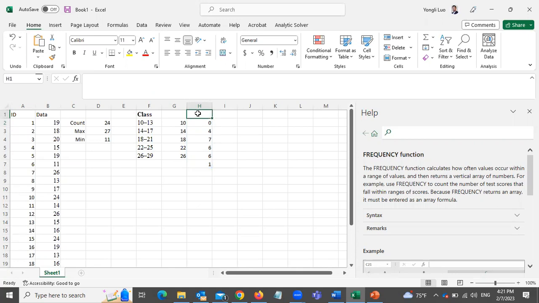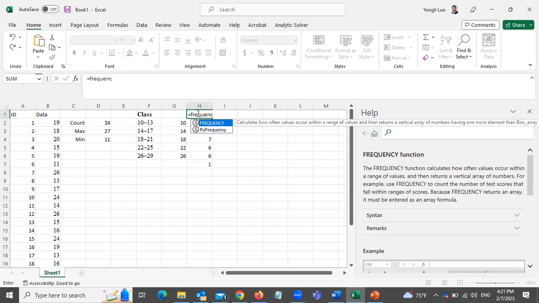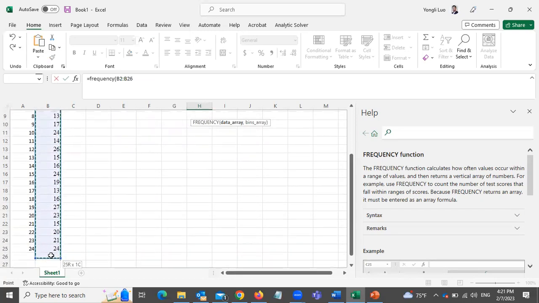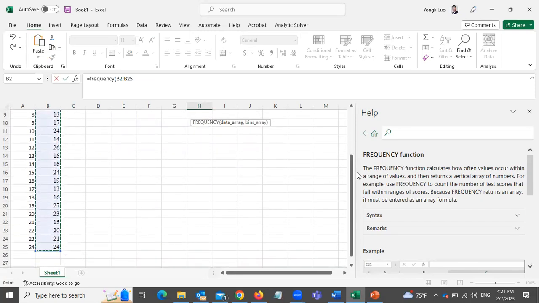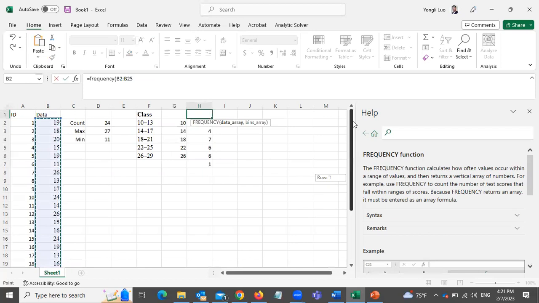Now you can use the function called FREQUENCY, right? You select all the data first, this is all the data, and then you select the bin.